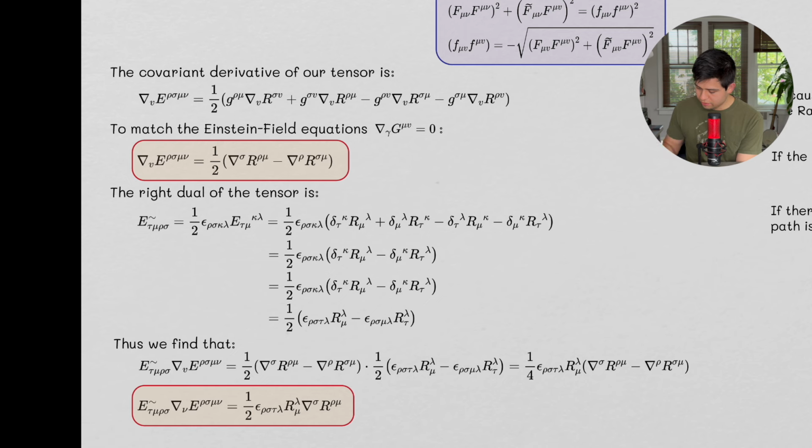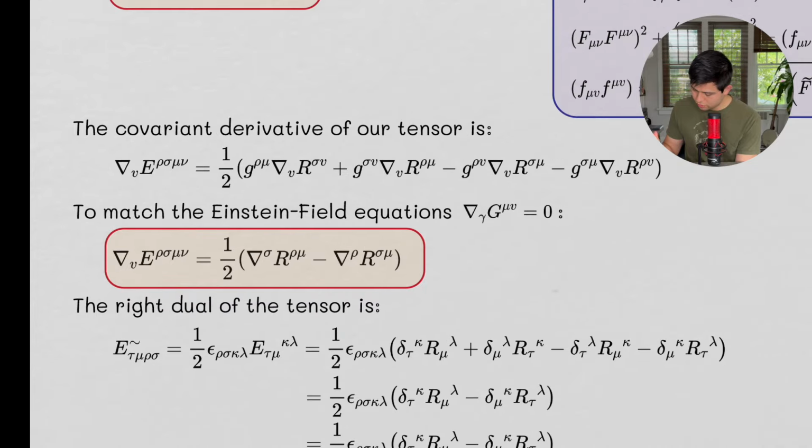To match the Einstein field equations, with the divergence of our Einstein tensor having to be 0, the divergence of our Ricci tensor has to be 0 as well, so these two go to 0, and we get these left over. Because we're raising nu, and this should be raising mu. This should actually be mu.